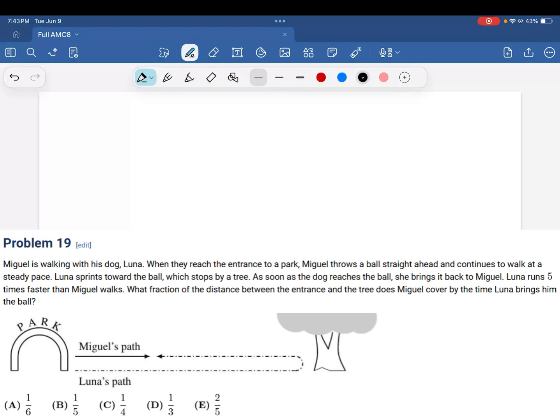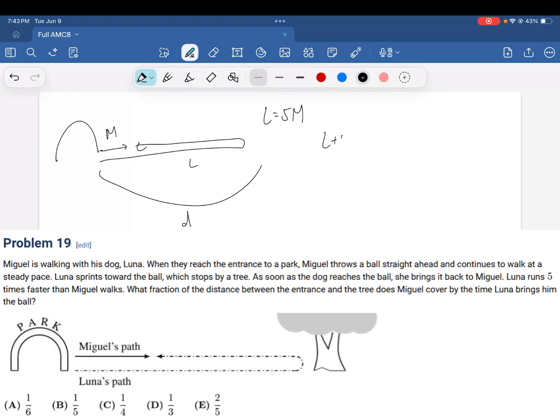So we have the park entrance here. This is Luna's path, and this is Miguel's path. So we're given that L is 5 times bigger than M. And let's say this distance is D. So we know that L plus M equals 2D.